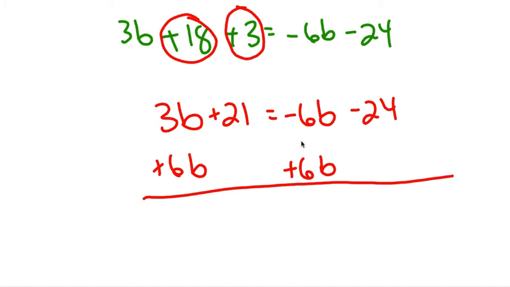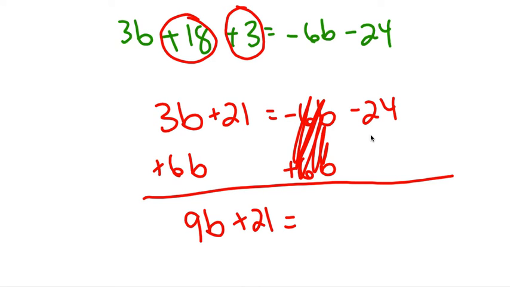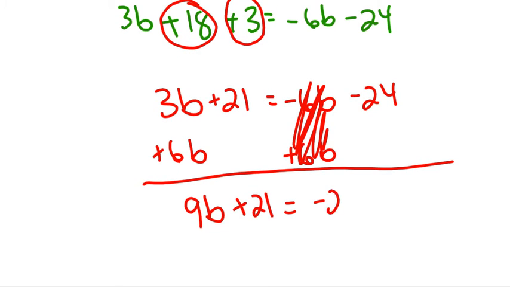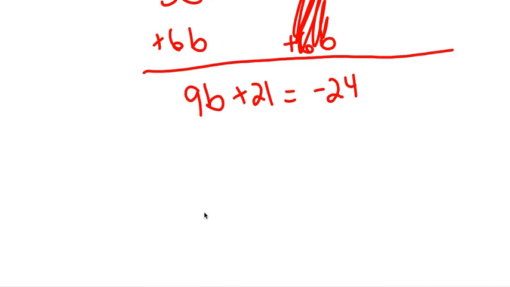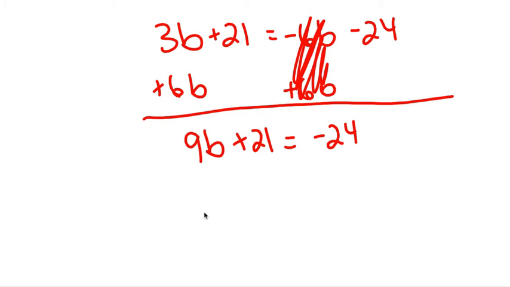Let's start over here. 3b plus 6b is 9b plus 21 equals negative 6b plus 6b is 0. They cancel out. Let's bring down the negative 24. Now we need to move the number with no variable, so that's the 21.